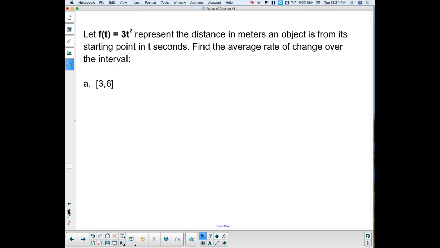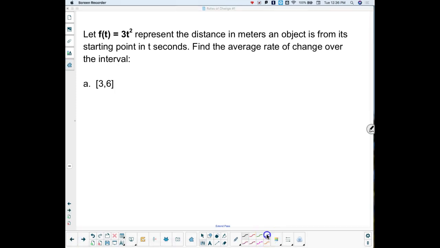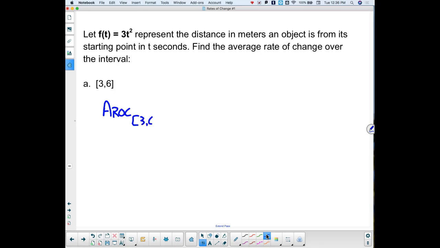So, if f of t is 3t squared, meters an object is from a starting point, you find me now the AROC over that interval. So the AROC on the interval 3 to 6 seconds is going to be f of 6 minus f of 3 divided by 6 minus 3.